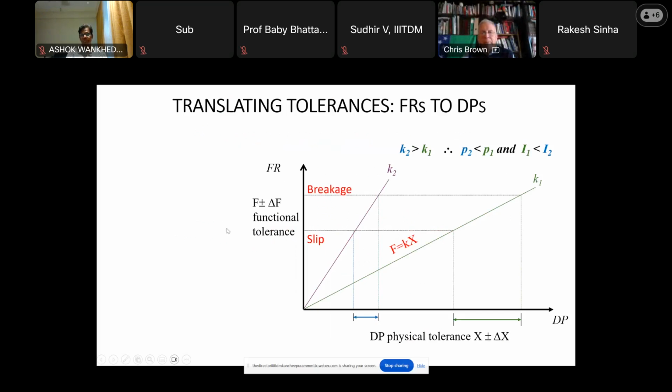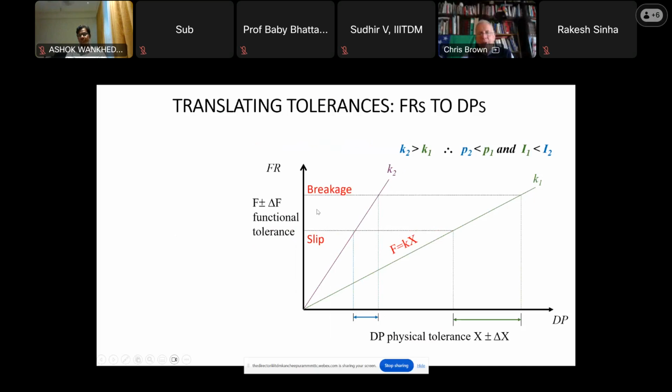So as we go to map from the FR onto the DP, we can take a look at two different kinds of springs, K1, a very stiff spring, and K2, a softer spring. So which would be the best? We have two possible design solutions, and we would need to use axiom 2 to select between them. Which one, K1 or K2, gives us the greatest probability of success?